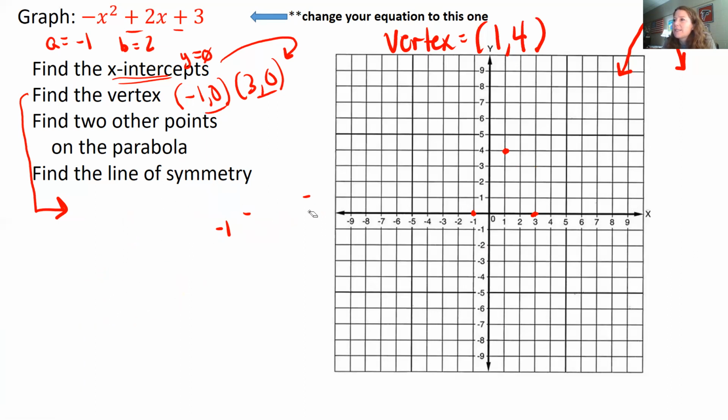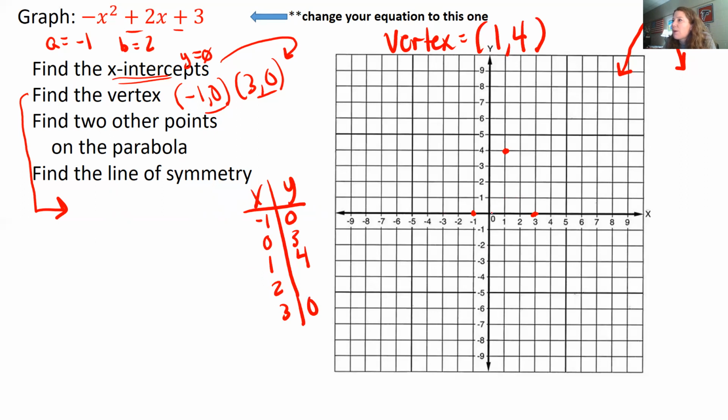All right, so let's write down what we have so far and then come up with 2 other points. Our vertex is 1, 4. Our other points are -1, 0 and 3, 0. I want x to be 0 and x to be 2 because they're on both sides of the vertex. If I plug in 0 squared, I get 0. 2 times 0 is 0, and 0 plus 3 is 3.